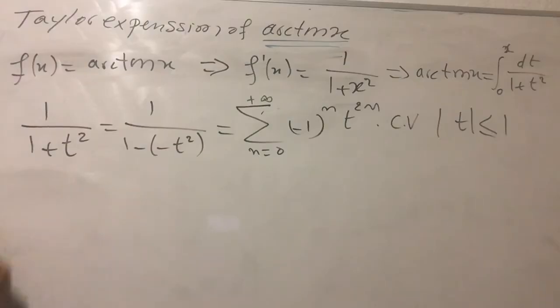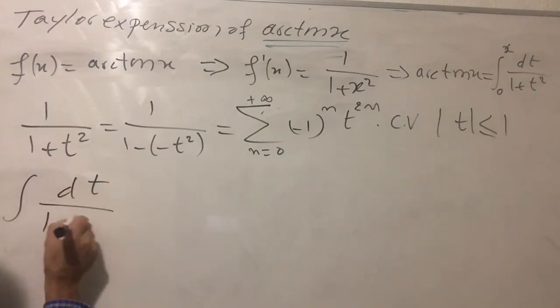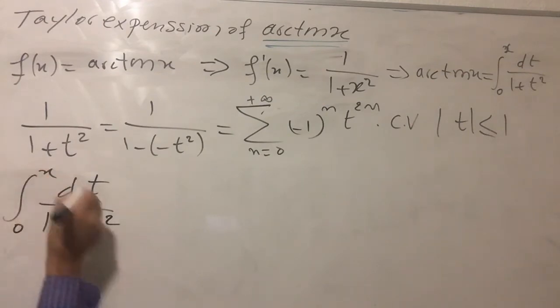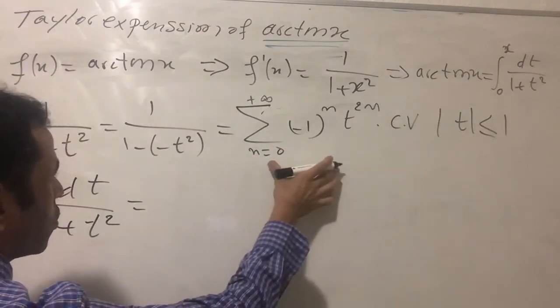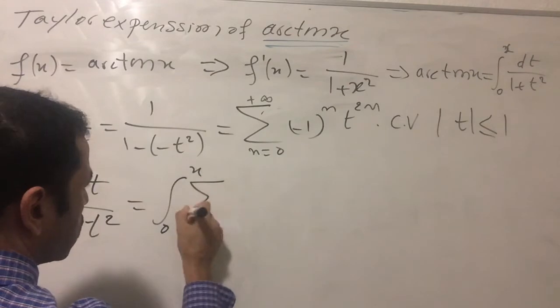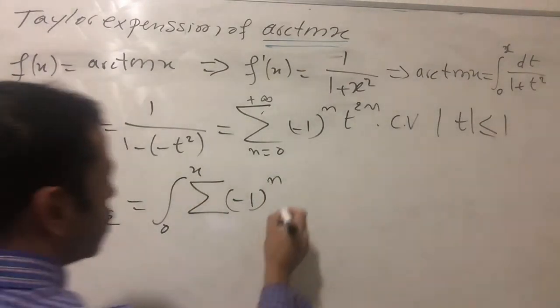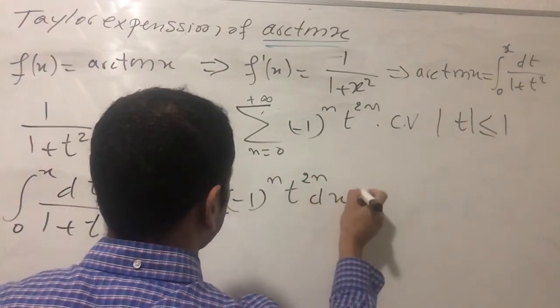I'm going to integrate this one, so I will have dt over 1 plus t squared, as t goes from 0 to x, equal to the integral from 0 to x of minus 1 to the n t to the n dt.